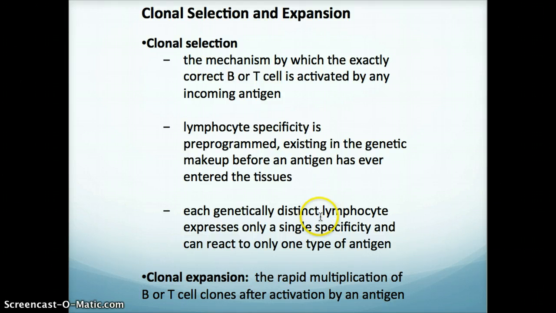Each of these genetically distinct lymphocytes will express only that one specificity, so it only binds with one type of antigen. If we are exposed to a particular antigen and it gets bound by either a B or T cell, we are going to get clonal expansion, so rapid multiplication of that particular cell when it's been activated by an antigen.